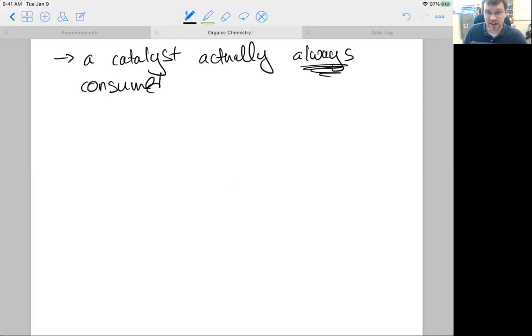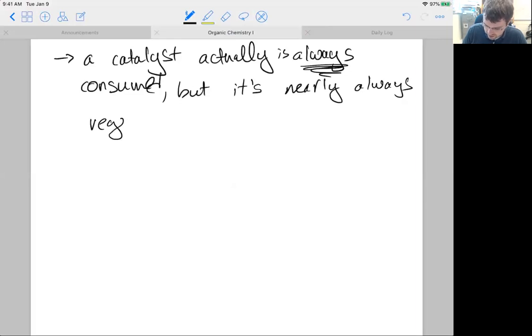We have a chemical reaction, and that reaction is interacting with a system. And so, yikes, what that means is that it's not truly correct to say a catalyst is never consumed. But there's some redemption here. A catalyst is always consumed, but it's nearly always regenerated.